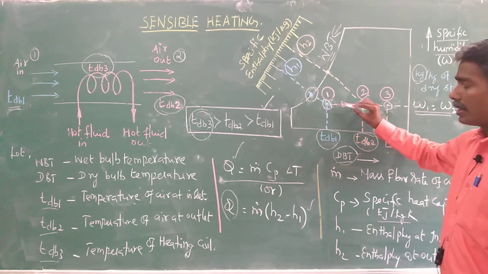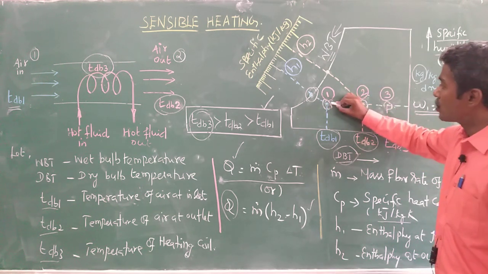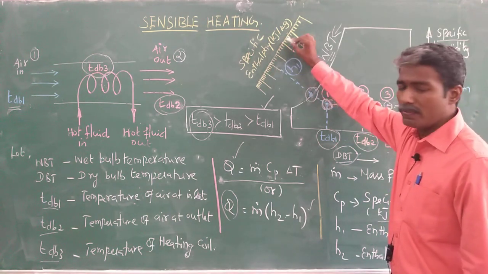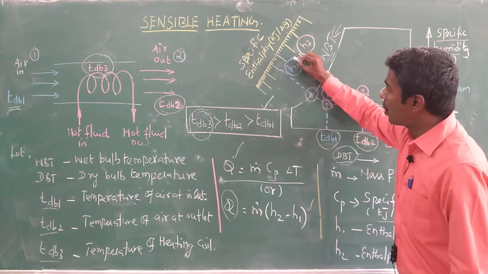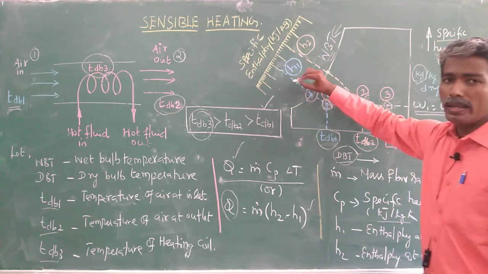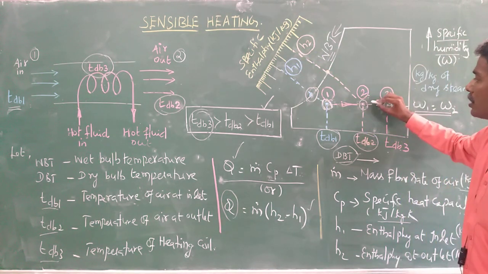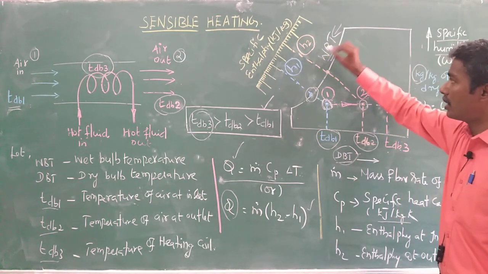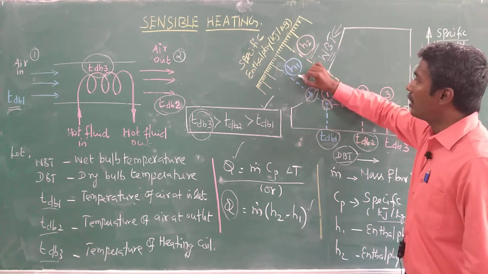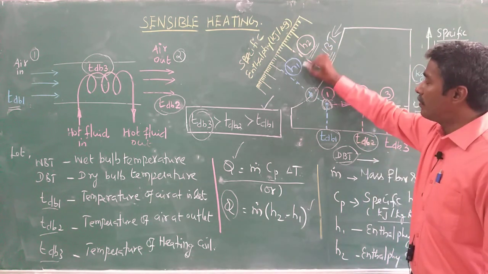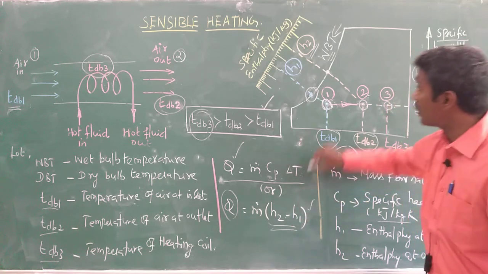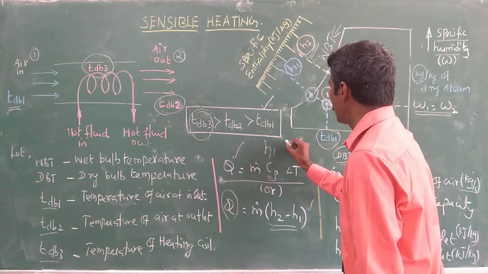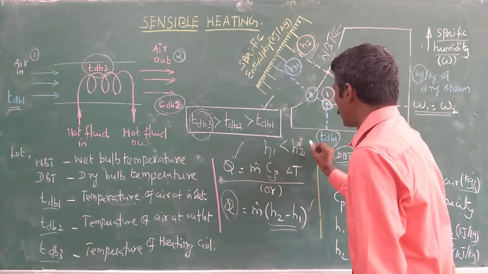How do we get the enthalpy value from the chart? From point 1, we draw an inclined line up to the specific enthalpy scale, and marking it there gives the enthalpy H1 corresponding to point 1. In a similar way, at point 2 we draw an inclined line up to the specific enthalpy scale, which gives the H2 value. The H1 value is always lesser than H2.